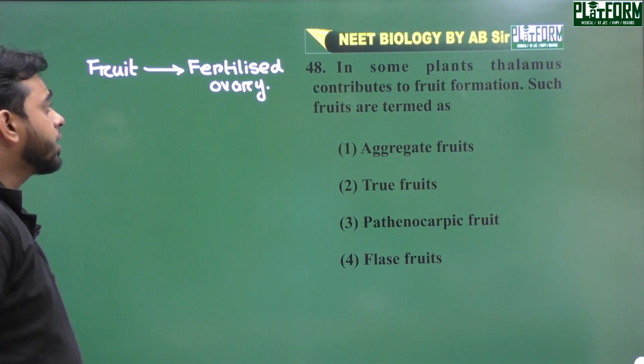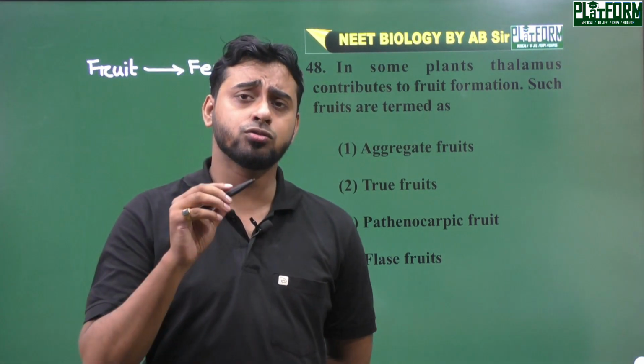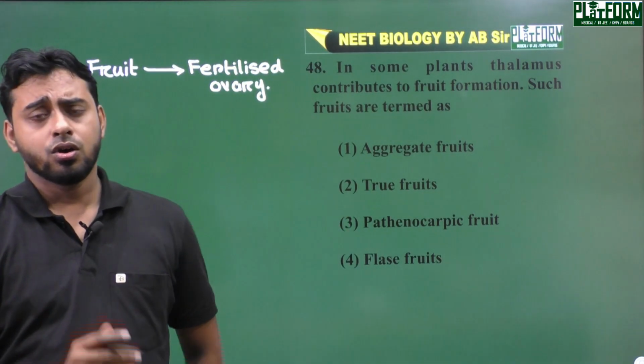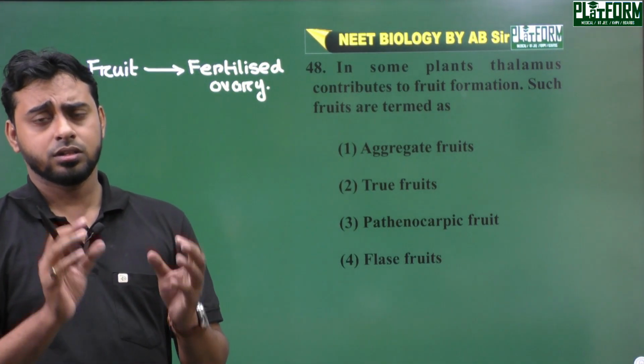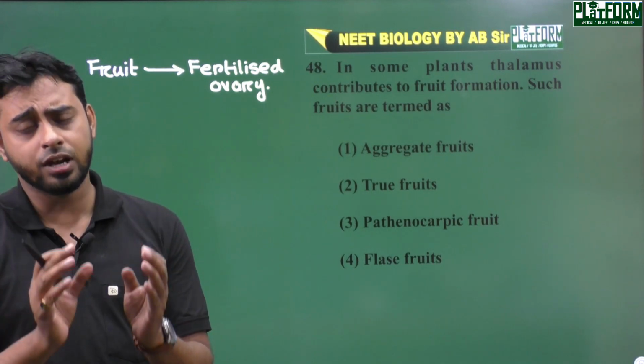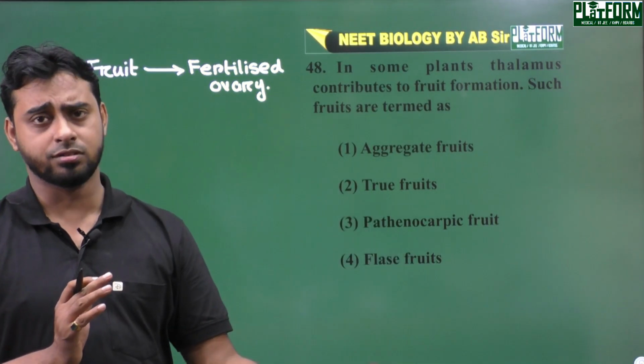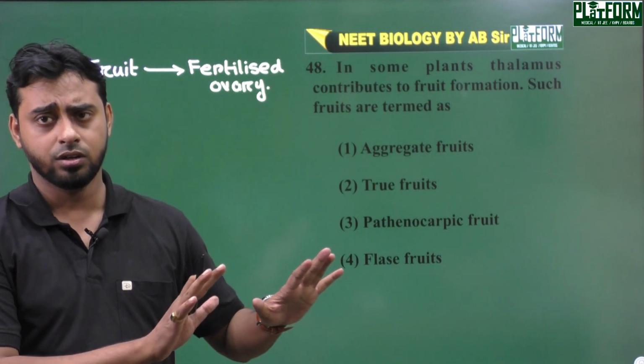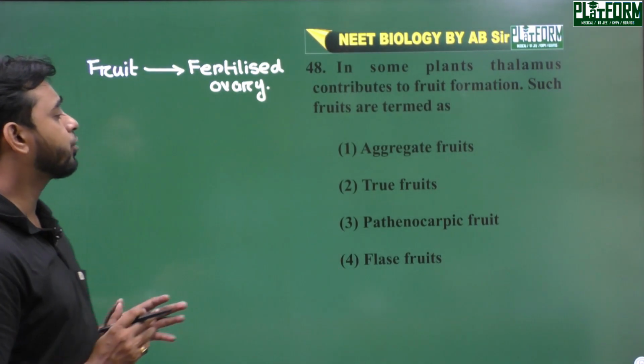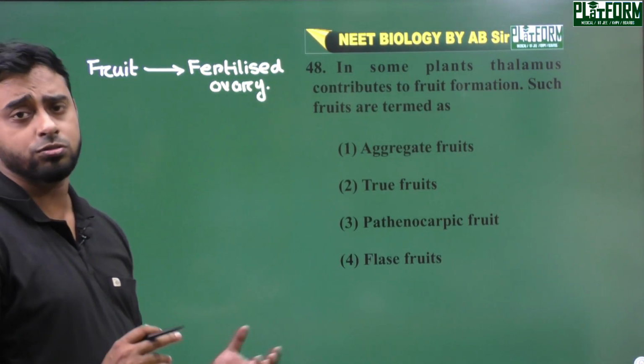Now in many cases it is observed that not only the ovary, the fruit is actually developed from other parts which are not the ovary. So this type of fruit is considered a false fruit.